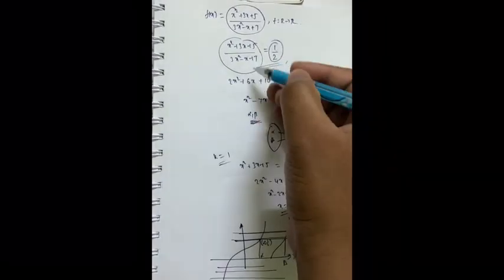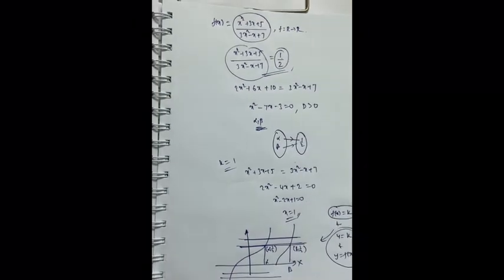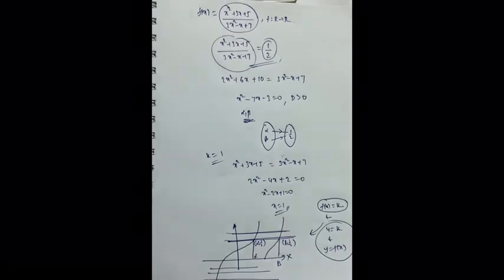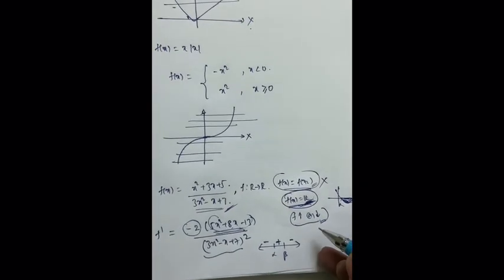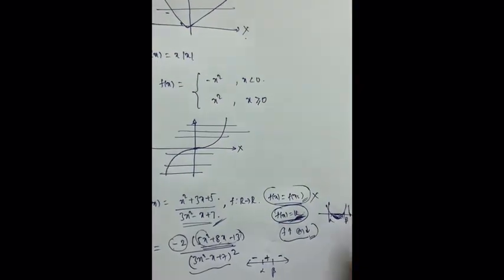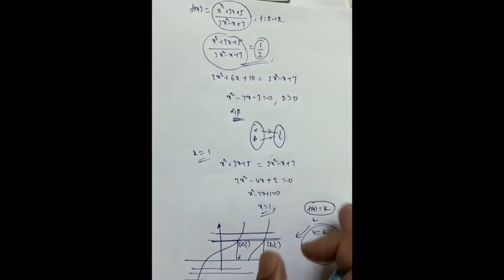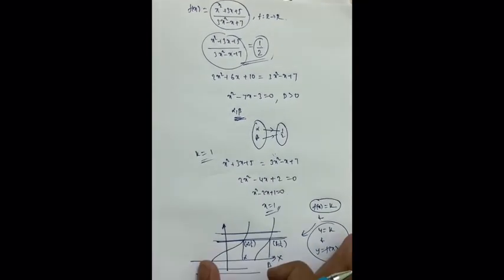But in some cases it is not that easy. Whenever you come across such questions, don't waste much time substituting values of k and getting lost in that process. If you are not successful in one or two tries, you can go ahead and try the derivative method. This choice of k you can just substitute and check. If you are lucky enough, you will get it in the first go, otherwise not.